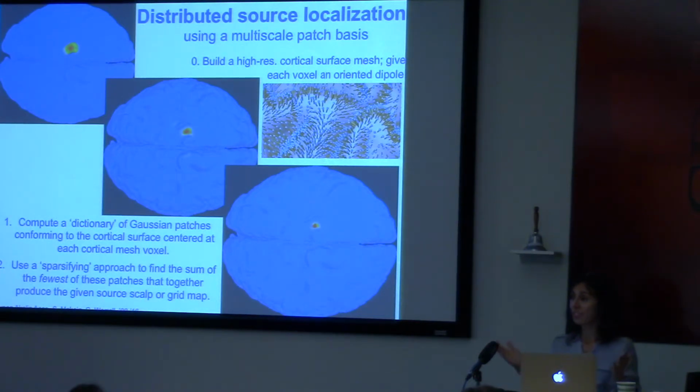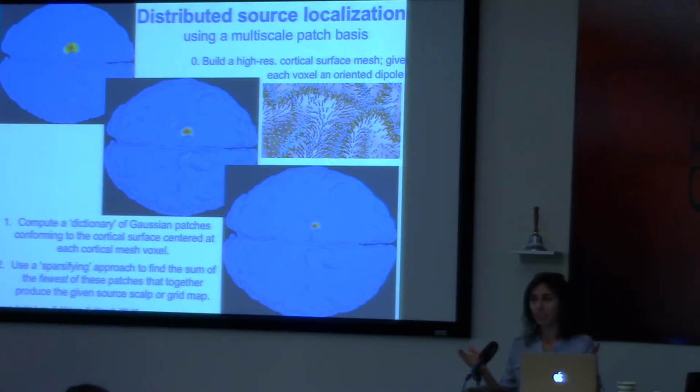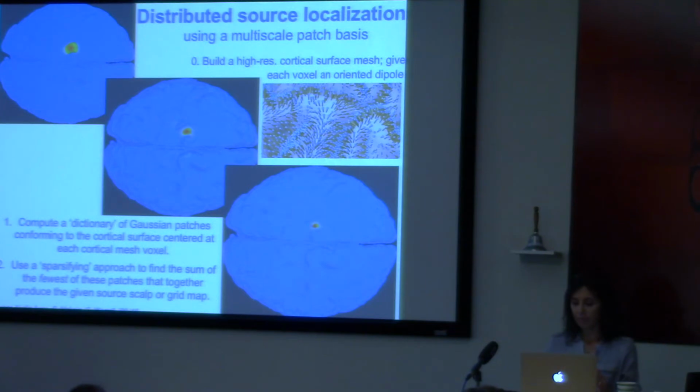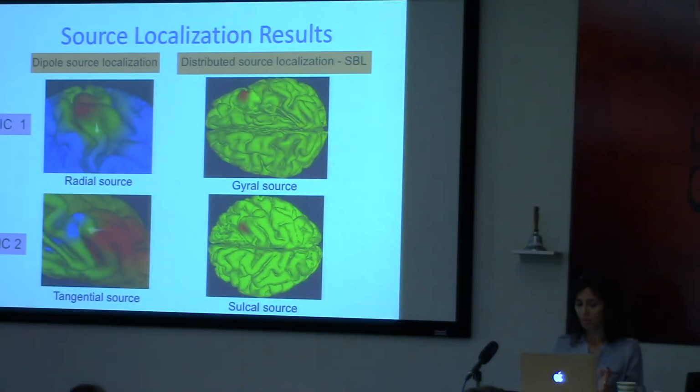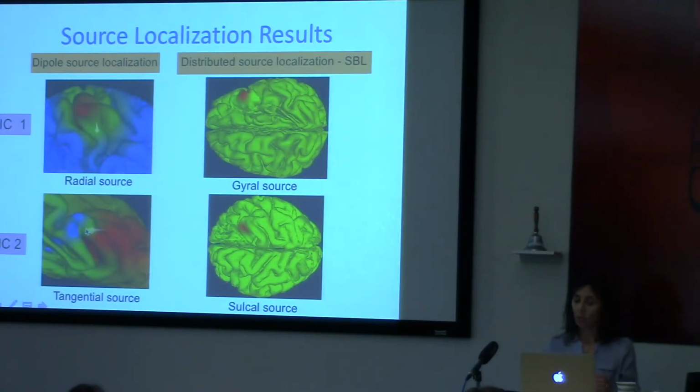So our lead field matrix became 240,000 by the number of electrodes. And when we did the source localization, that radial dipole corresponded to a very focal gyrus of the cortex. That tangential component was localized in the sulcus of the cortex. And really, these are focal sources.